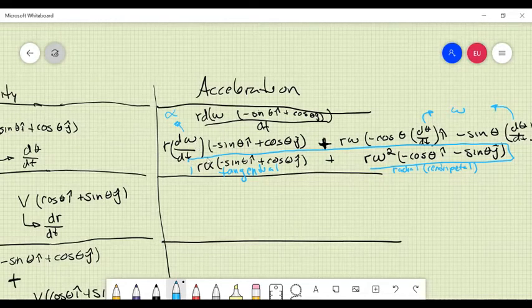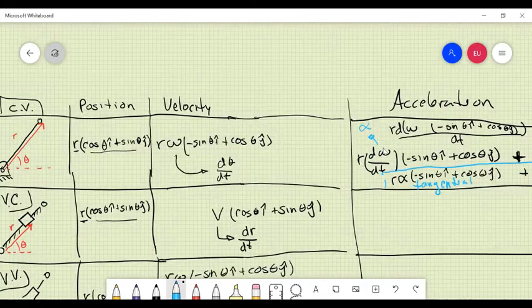All this bit is the acceleration vector when I have these kind of links.